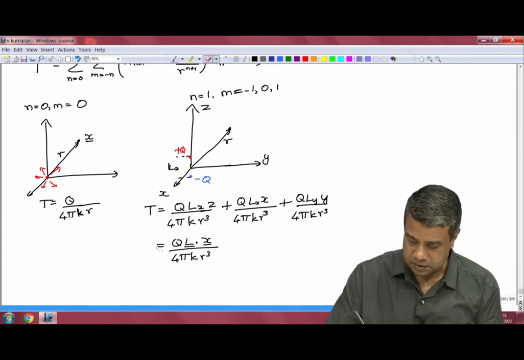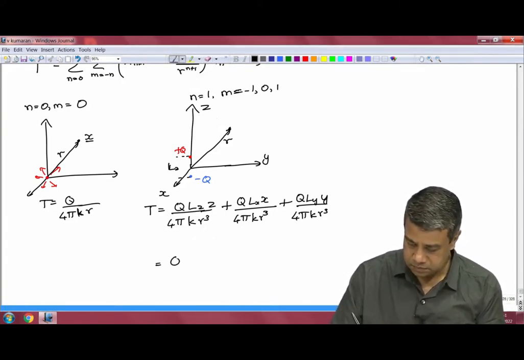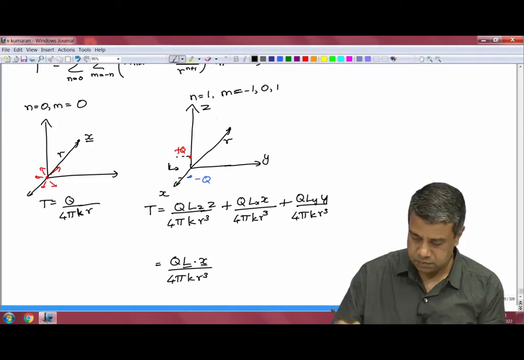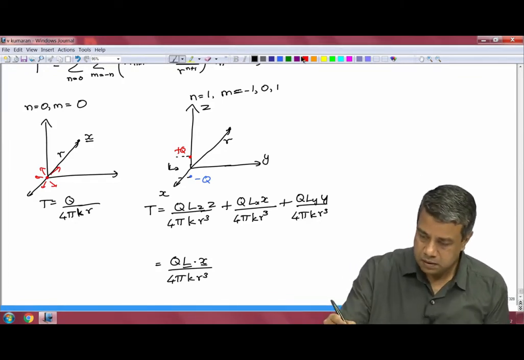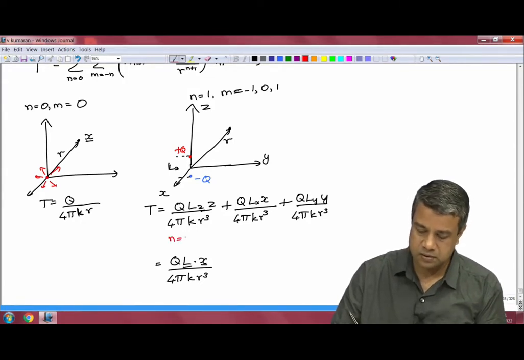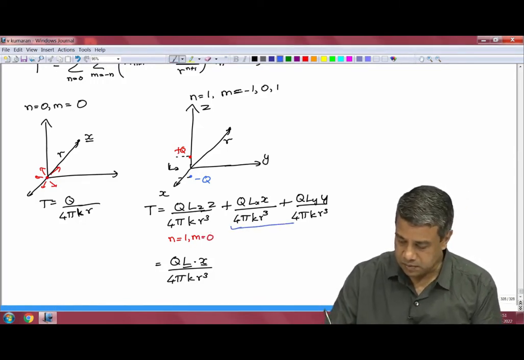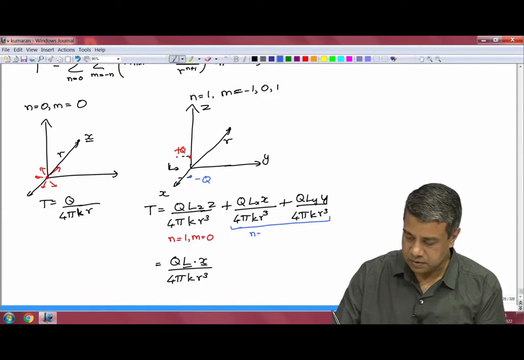So, let me just write this a little lower. This thing I showed you corresponds exactly to the solution for n equals 1, m equals 0, and these two are linear combinations of the solutions for n equals 1, m equals plus or minus 1.